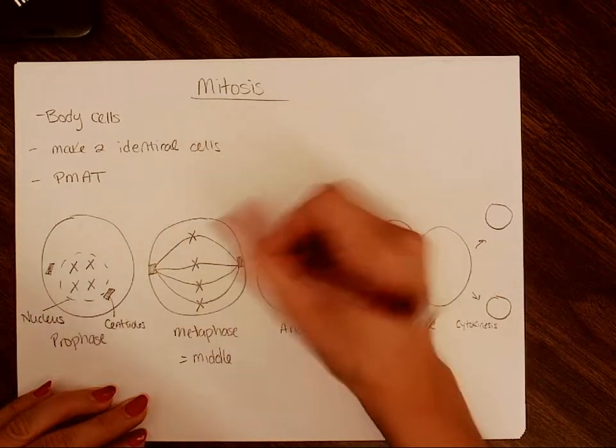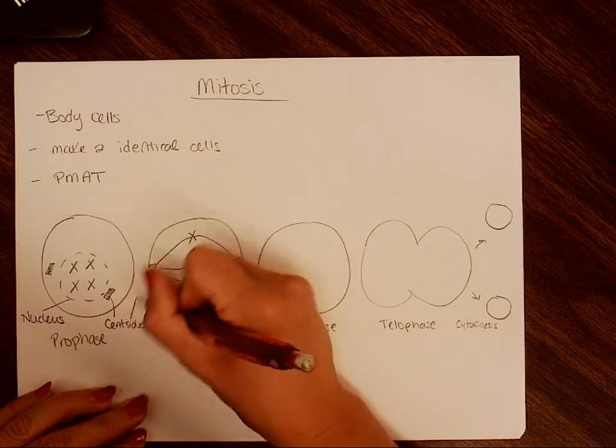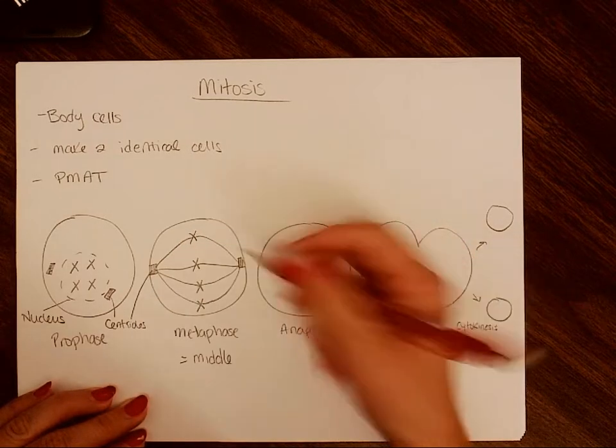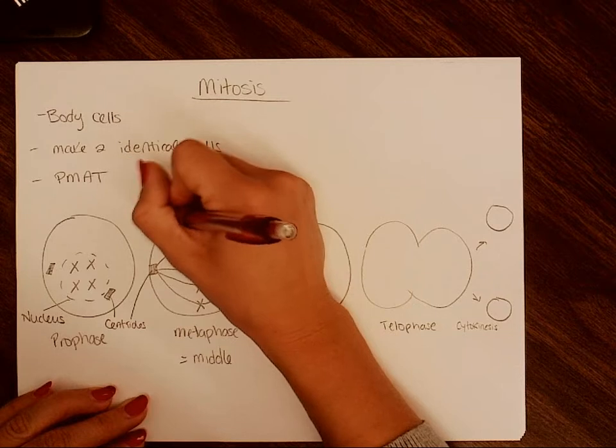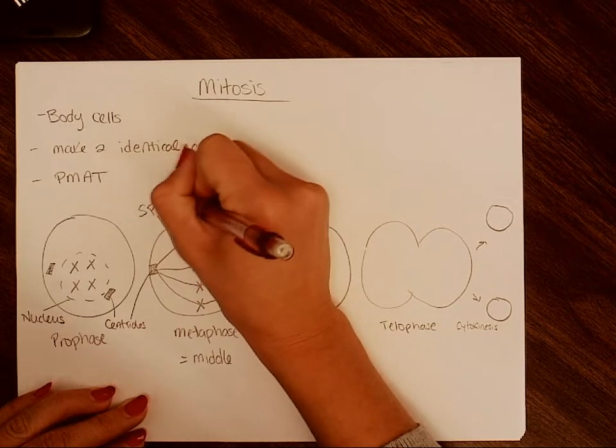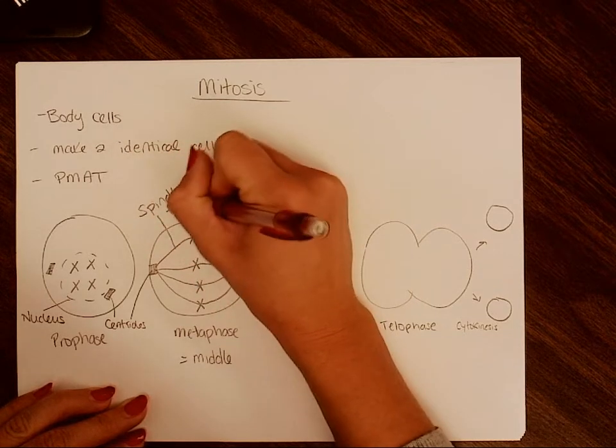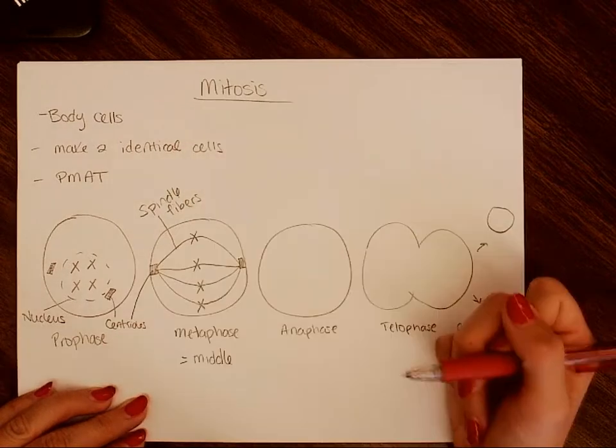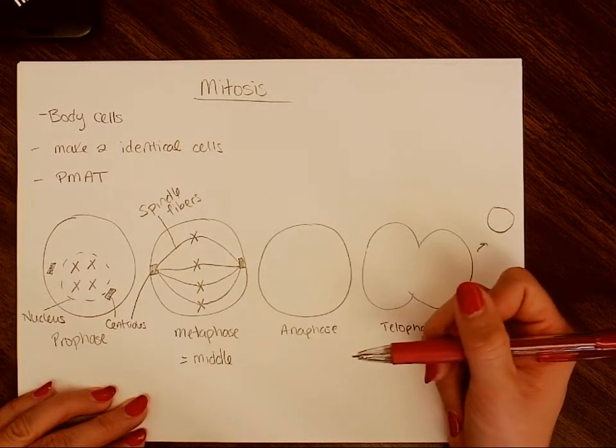So let's add our labels here. My centrioles are labeled up here as well, and these are the spindle fibers that attach to the centromere of the chromosomes.